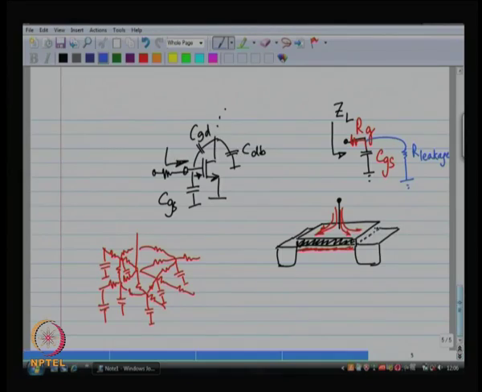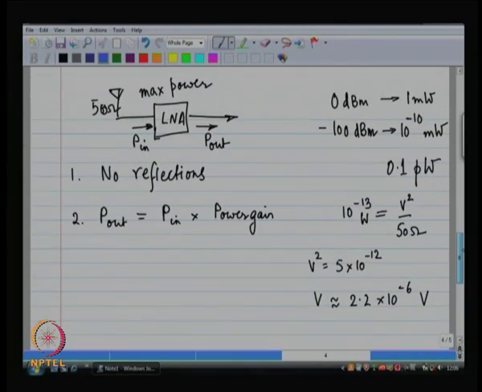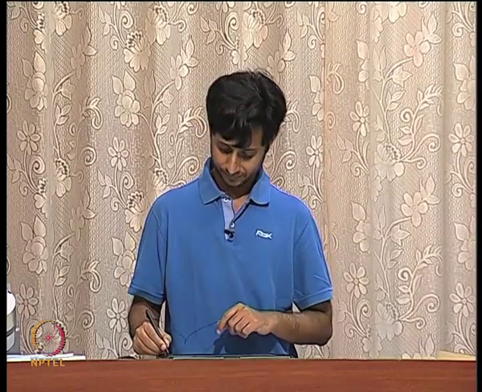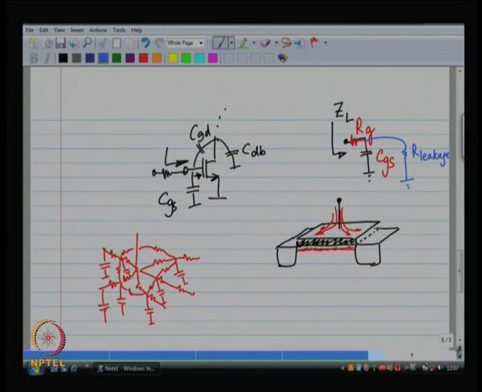Now, next question is, we talked about something called power gain. What on earth is this? I mean, I am just giving out terms and you should not blindly accept these terms. What is power gain? What on earth could power gain be? If you think about law of conservation of energy, you are never going to gain in terms of power, right.